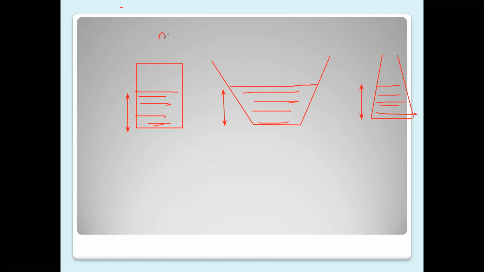So when you compare the pressure for A, B, and C, this depth is 2 meter, this depth is also 2 meter, this depth is also 2 meter. The density of the liquid which you are using is 1000 kilogram per meter cube. Density of liquid B is also 1000 kilogram per meter cube.